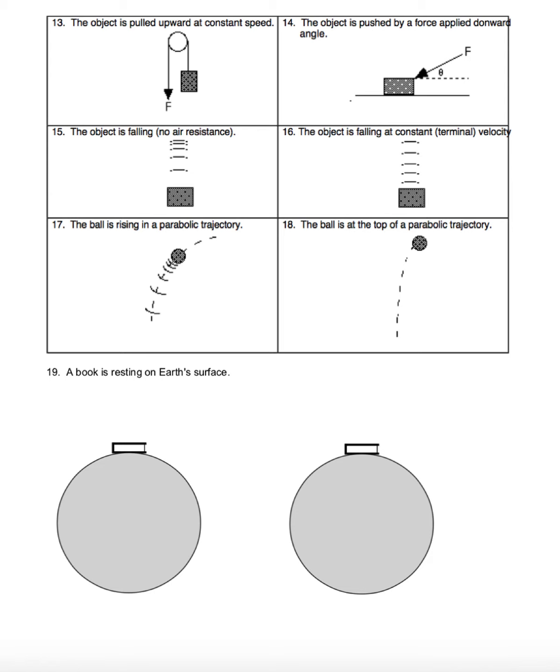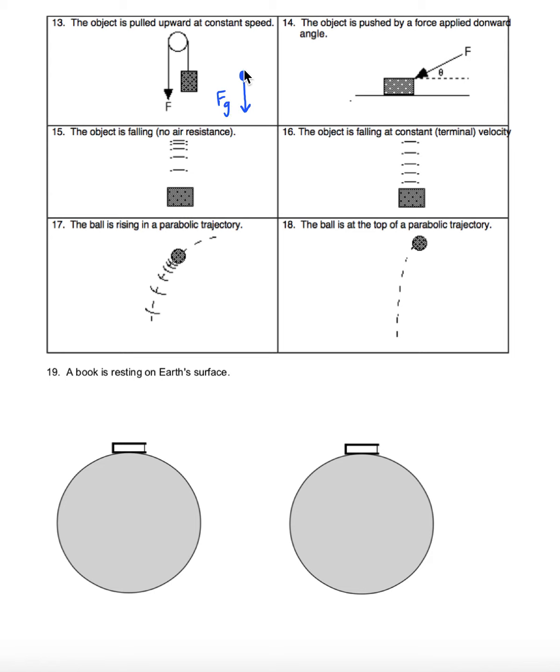What about an object that's attached to a pulley, where the object is being pulled upward at a constant speed? Now, I think we can all agree that gravity will act on this block.